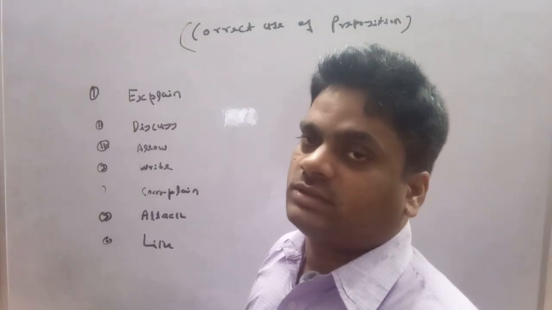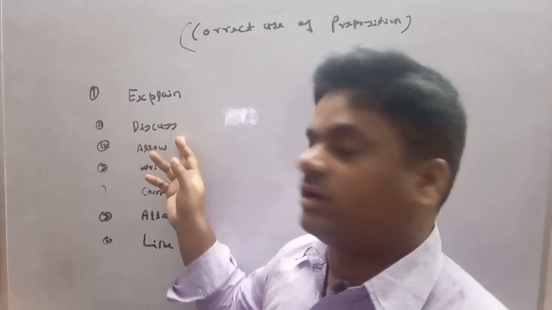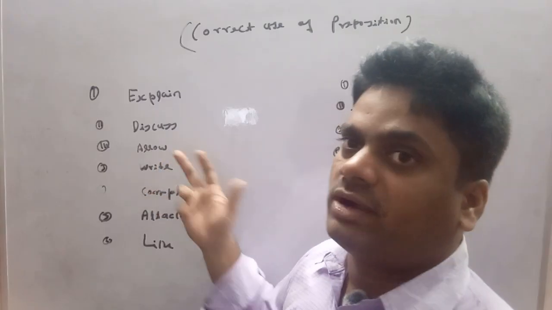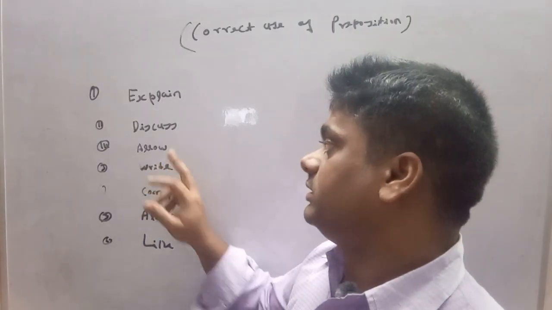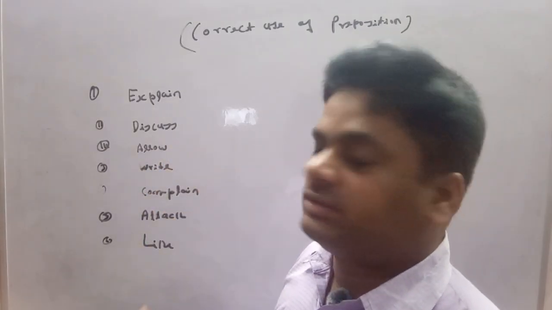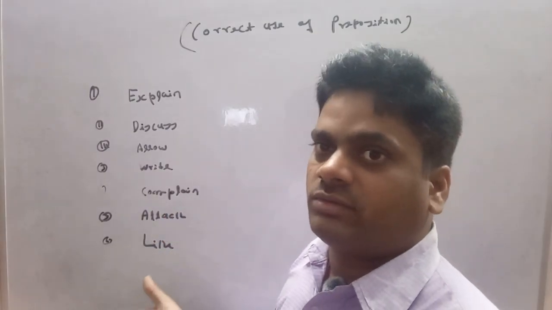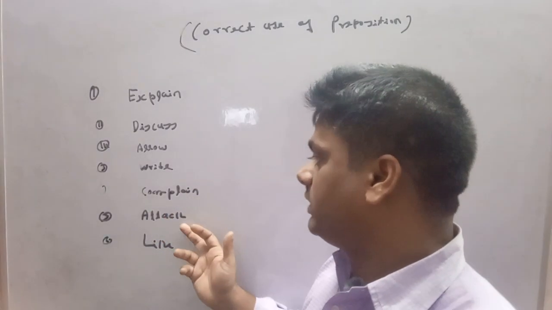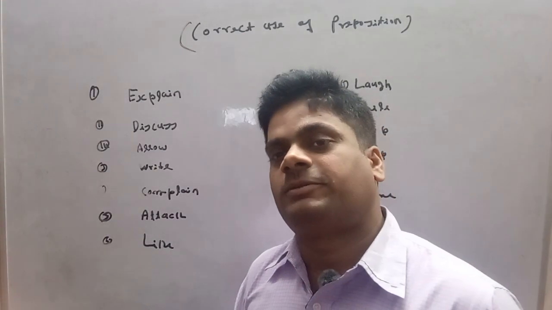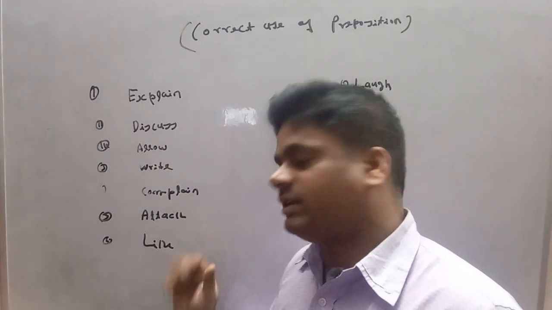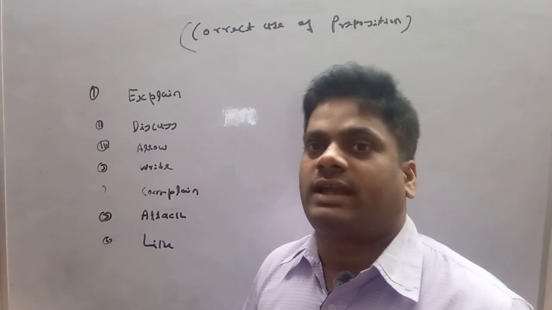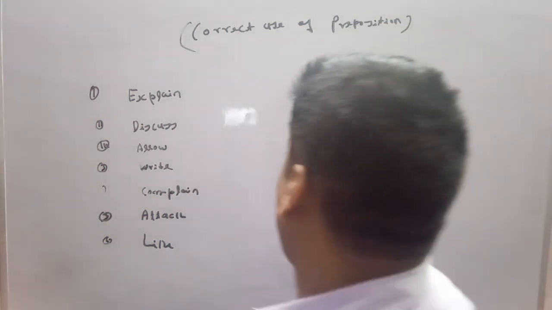Whom discuss? It means its answer would be a noun or pronoun. Allow, what allow? Whom allow? Write, what write? Complain, whom complain? Which type of complaint? Noun or pronoun. Attack, whom attack? It means it would need an object.